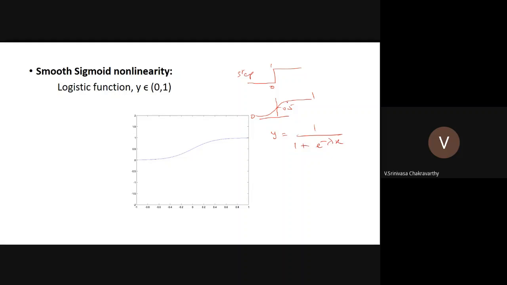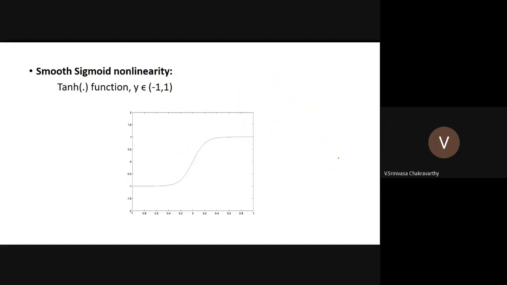And lambda is the slope of this sigmoid function at the origin. Typically lambda you take to be a large positive number. Similarly, if you look at the -1 to 1 convention, there also there is a smoother and differentiable version of the signum function, that is the tanh function, which goes from -1 to +1 at infinities.